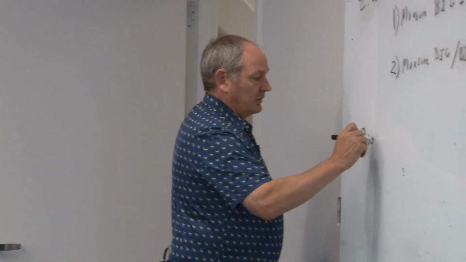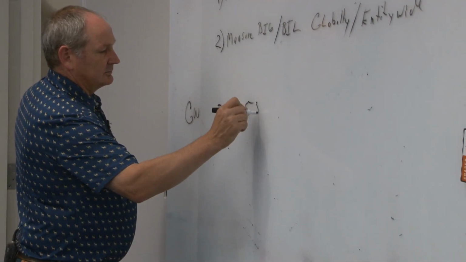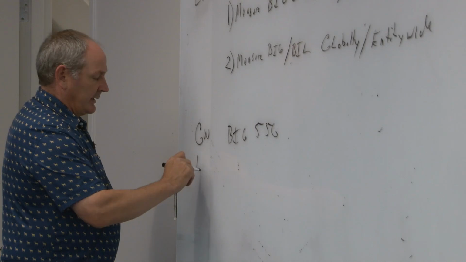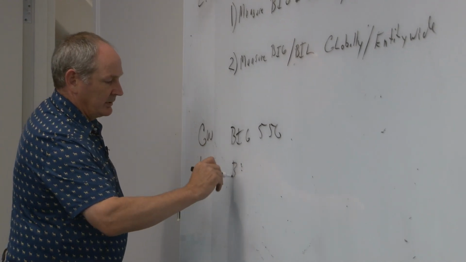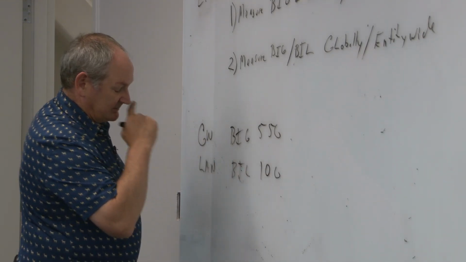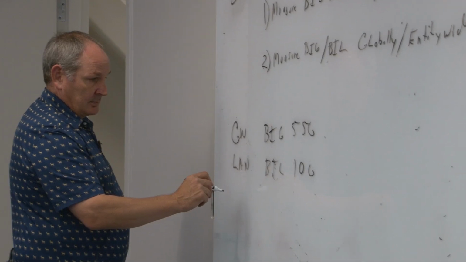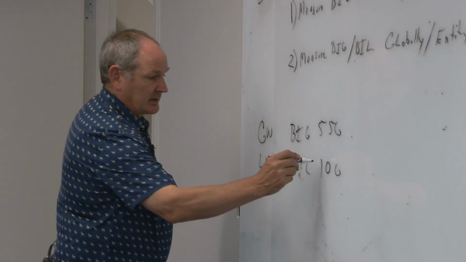No, let's do this. It'll be easier if I do it this way. Goodwill, built-in gain, 550. Land, built-in loss of 100. Let's make that 200.